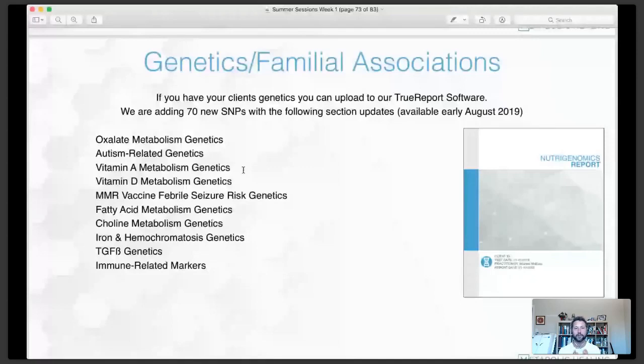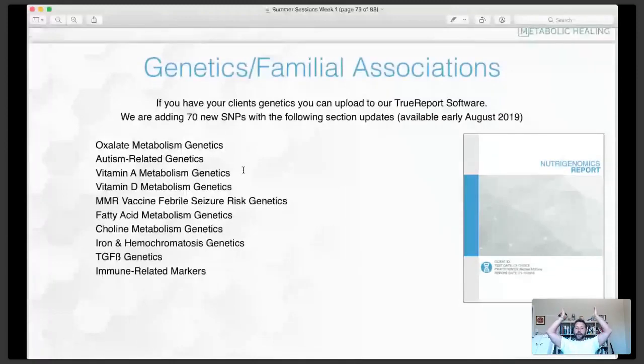And I'm really excited because when you look at genetic studies, if you're looking at genetic data with your clients, if they're sending you the raw data file from 23andMe, let's say, there's some good studies and then there's some not so useful studies. And what I've started to do and really dug into more is let's find the really good studies. The really good studies are the ones that say this SNP is associated with a 40% reduction of plasma vitamin A. That's a good study.